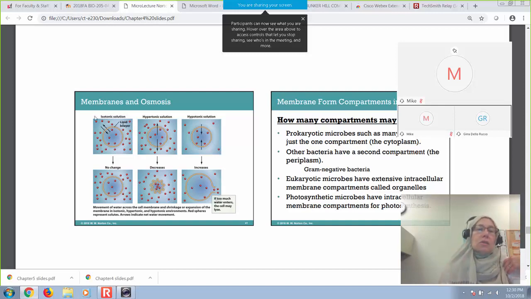So an isotonic solution or environment is balanced. The concentration of solutes on the inside of the cell is the same as on the outside. That doesn't mean that there's no movement of water. It just means that the free water molecules moving into the cell are equal to the free water molecules moving out of the cell.